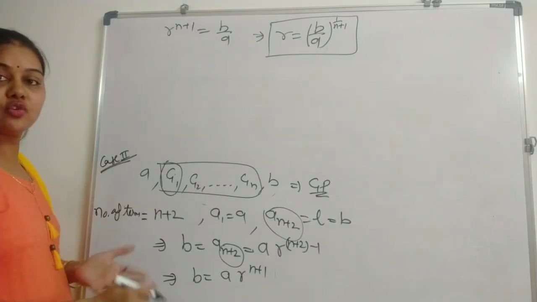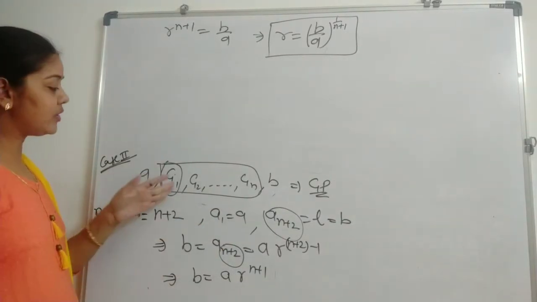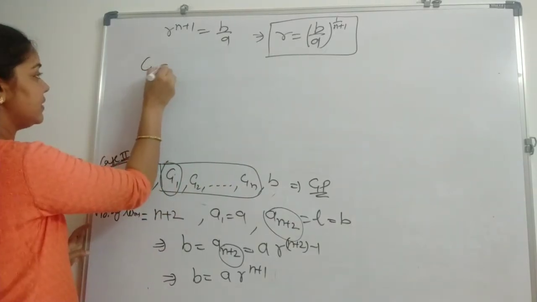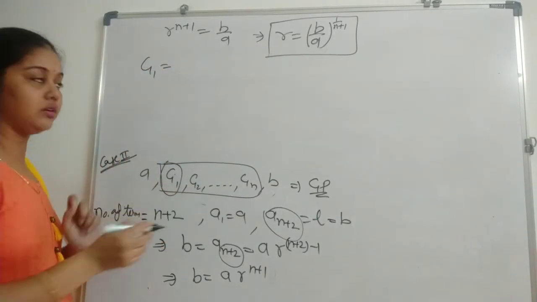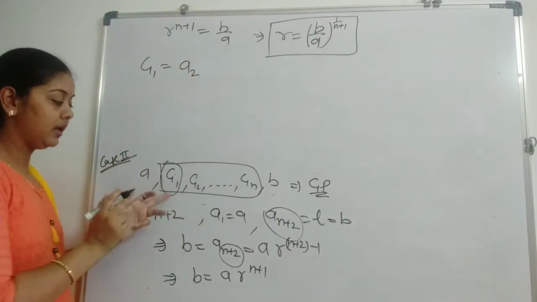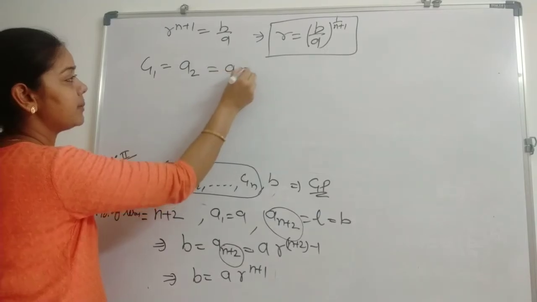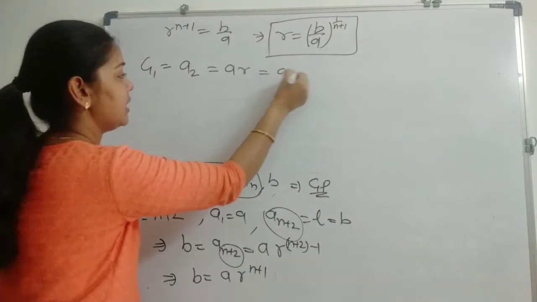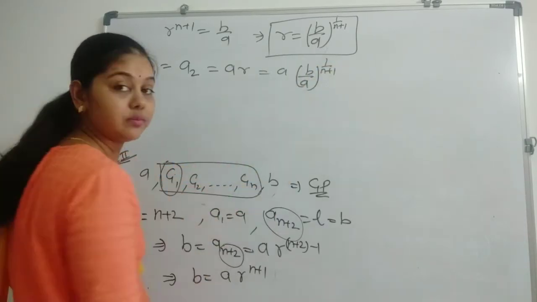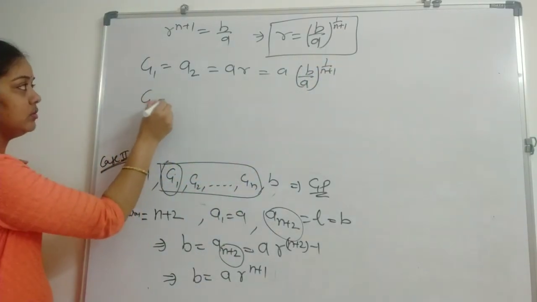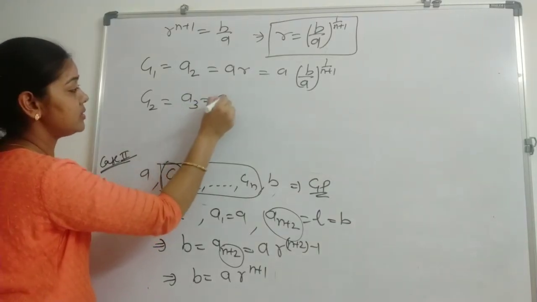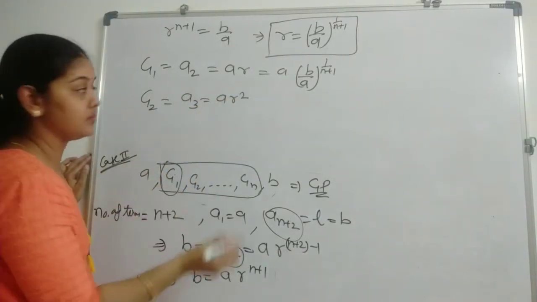Now we have the common ratio and the first term. So we can easily find G1, G2 and Gn. What is G1? G1 is the second term, that is a2, it means a multiplied with r. It means a (b upon a) whole to the power 1 upon n plus 1. What will be G2? That is the third term, a3, it means a r square.